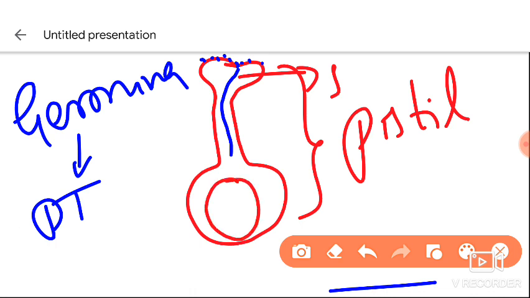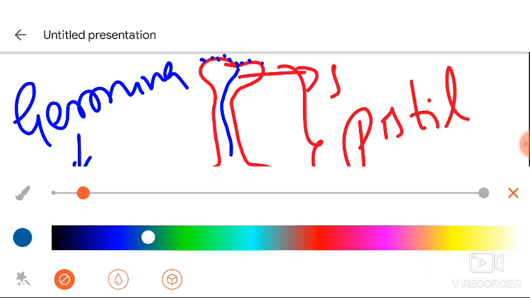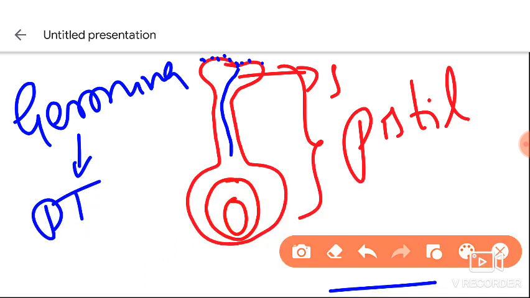And the ovary is usually present here. Here you can find the ovary, and inside the ovary you can find the embryo sac. When pollination occurs and they are the right pollen grains, then germination occurs, along with development of the pollen tube, and this pollen tube runs along the style here and reaches the ovary.